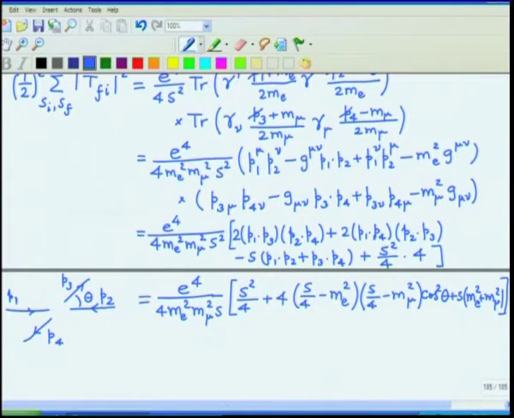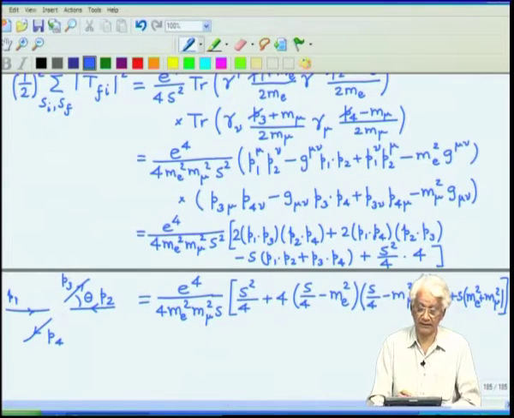And so, this is the completely simplified form in terms of the energy, the scattering angle and the masses.